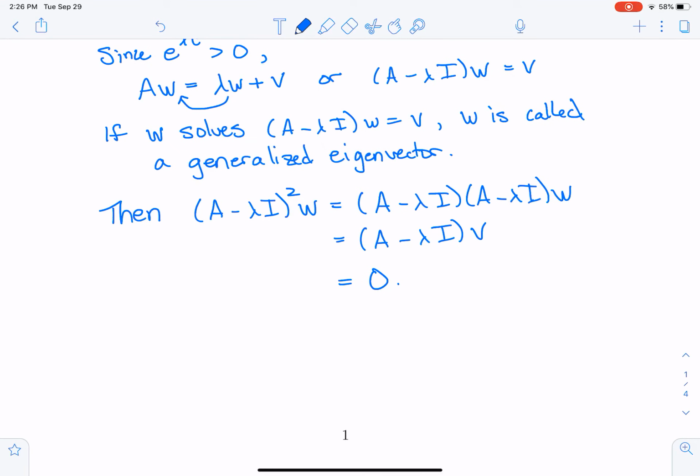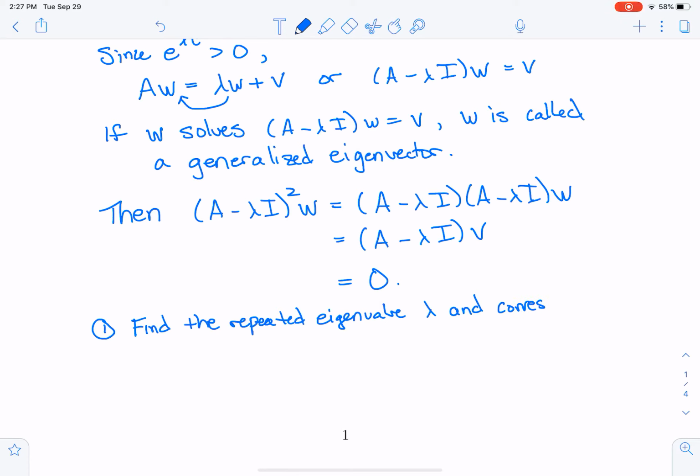So essentially, if we have to solve a problem with a repeated eigenvalue, you would have to find the repeated eigenvalue, and the corresponding eigenvector v.